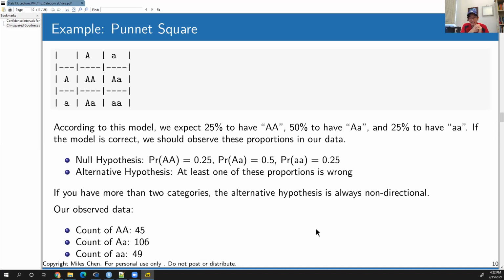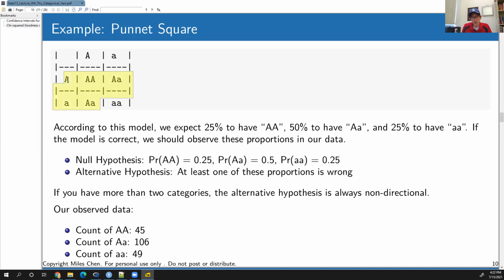If we have two parents, each with a big A and little a, and they have progeny, their offspring, would we expect, if this model were correct, 25% to have big A, 50% to have big A, little a, and 25% to be little a, right?